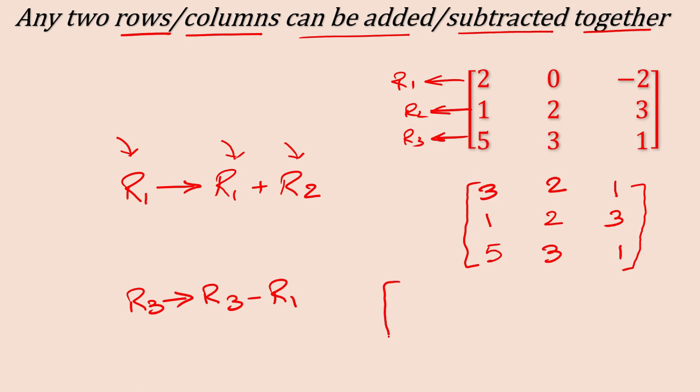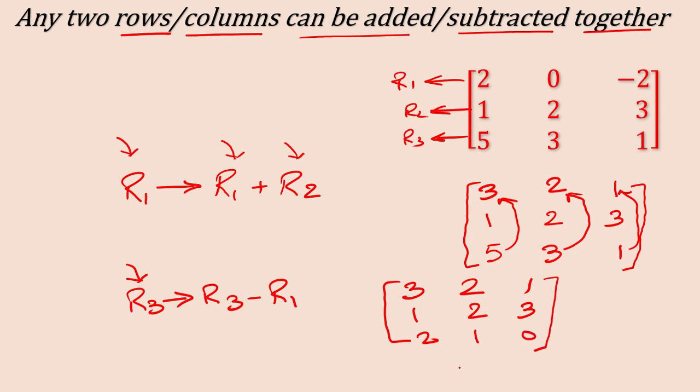We are performing the operation on R3, so R1 and R2 will remain the same: 3, 2, 1 and 1, 2, 3. Now perform the calculation: 5 minus 3 is 2, then 3 minus 2 is 1, and 1 minus 1 is 0.